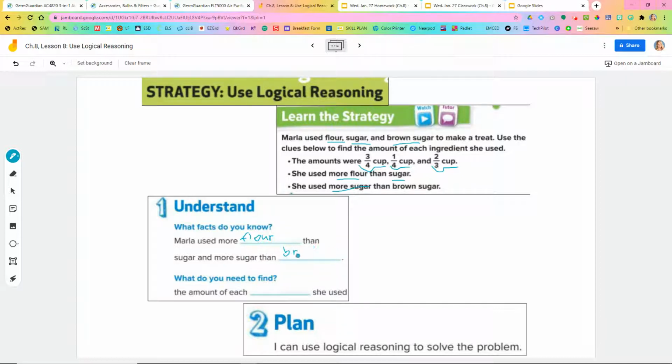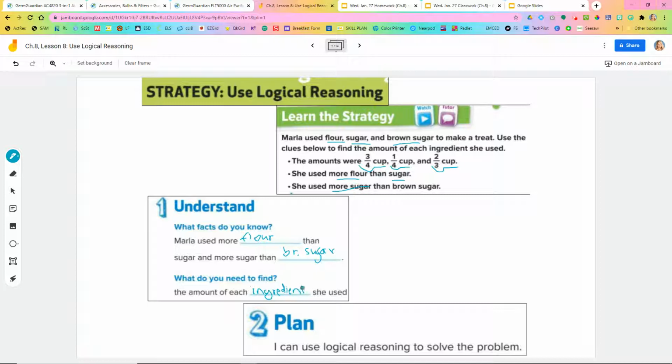And I'm just going to abbreviate here because it's a little tough to write. I really need a touch screen for this. All right, and it wants to know what we need to find. You've got to understand what we're looking for. Well, we've got to find the amount of each ingredient. We've got to match the ingredient with the amount that she used.